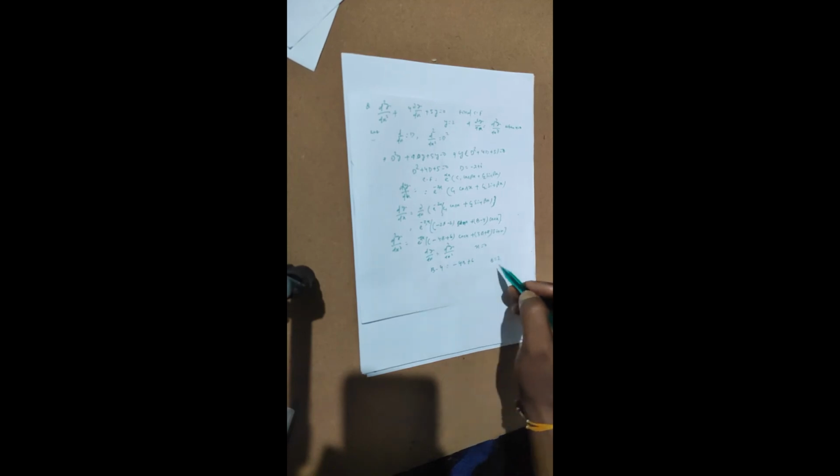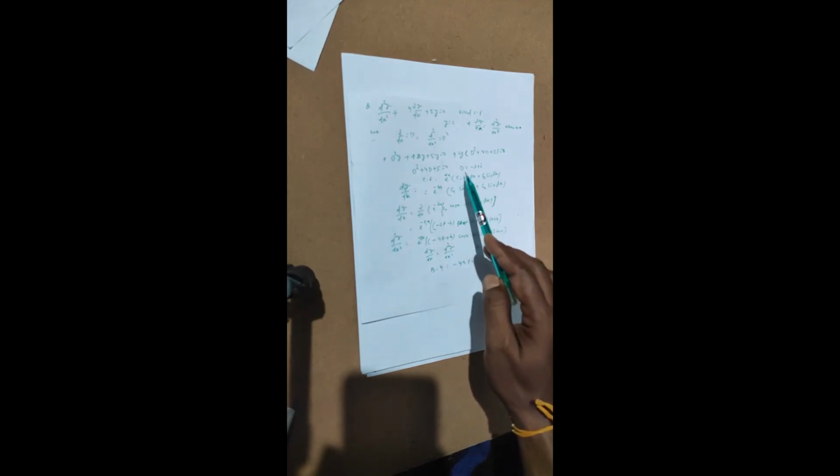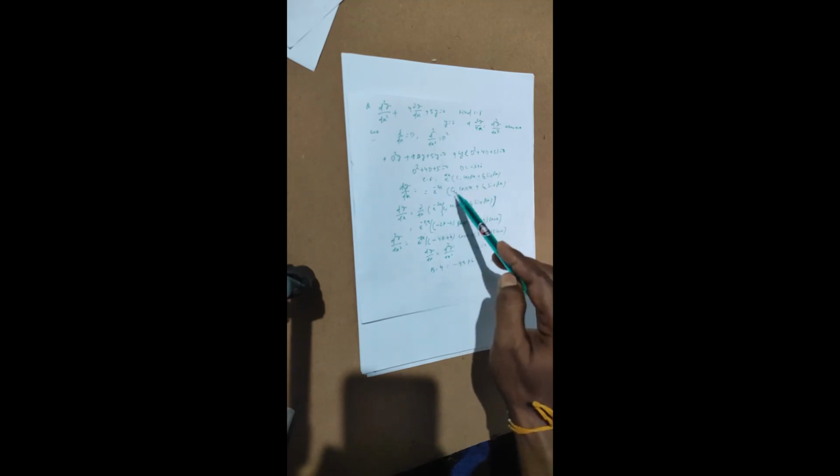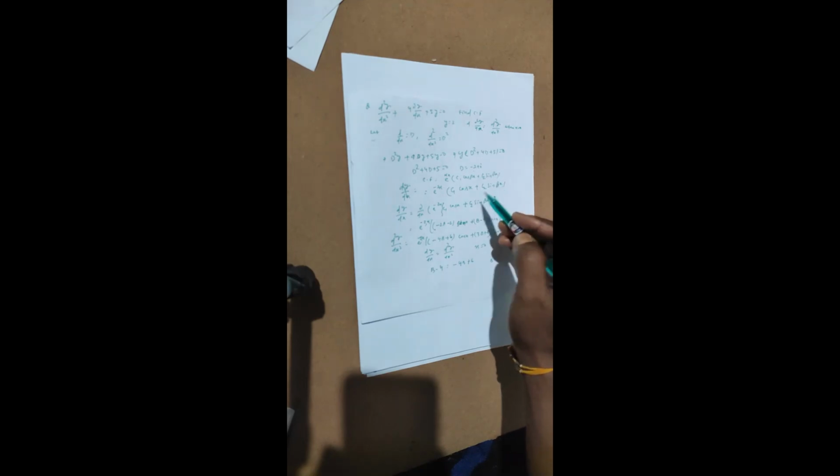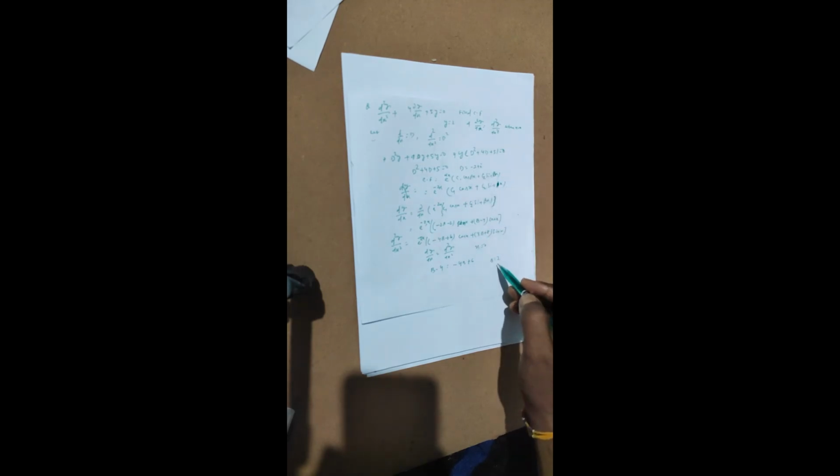So in this case, b is the beta value of the complex number, and b is equal to 2.